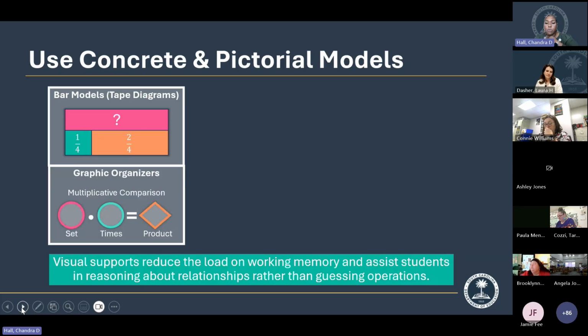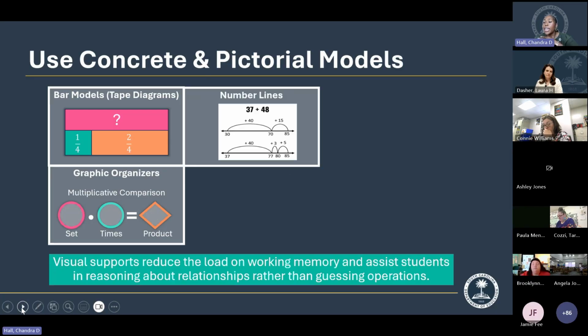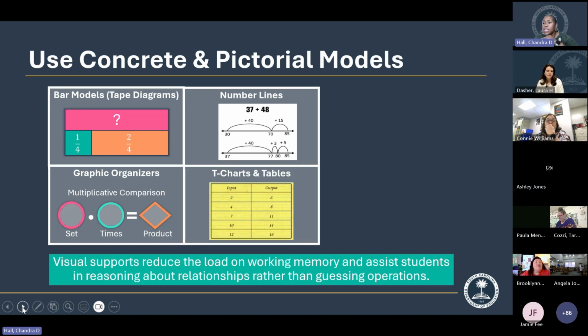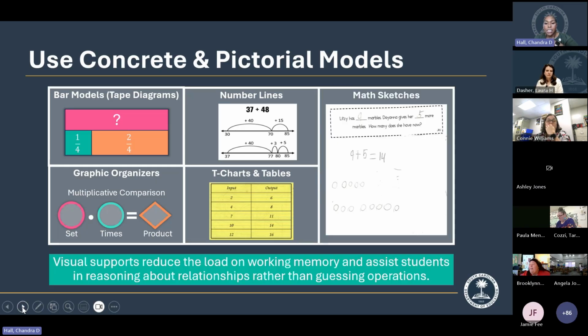Graphic organizers, as we've seen throughout the presentation. Number lines, specifically open number lines, because that leaves it open to students to determine what strategy they want to use to solve it using that model. T-charts and tables, and then of course math sketches.